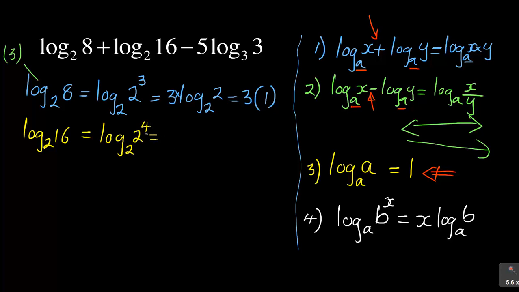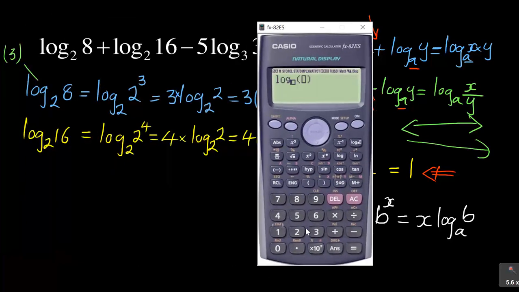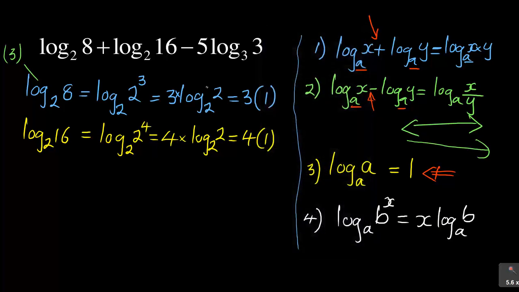Again, you follow the same rule. The 4 will drop. It will be 4 times log in base 2 of 2. And remember, when the base and the number are the same, it is 4 times a 1. You could have tested with the calculator and asked, what is log base 2 of 16? You can see that it is also giving me a 4.